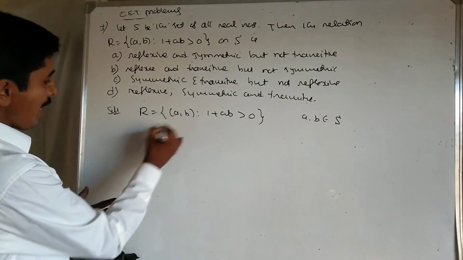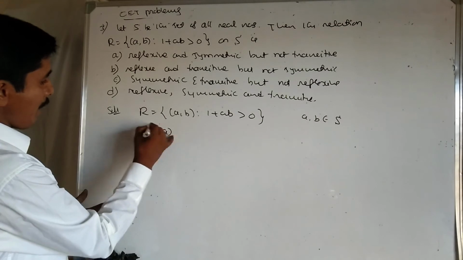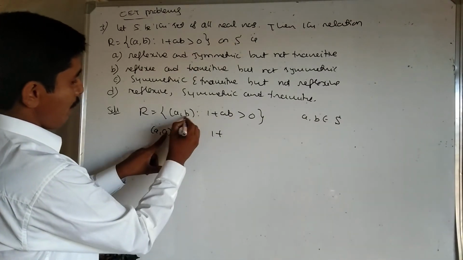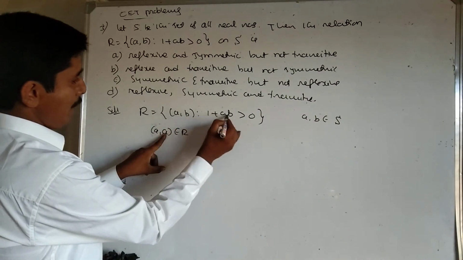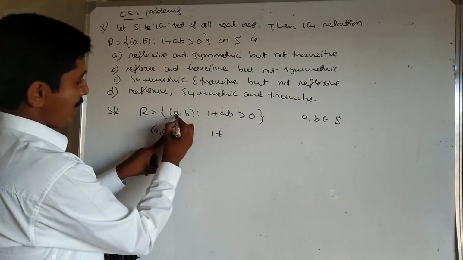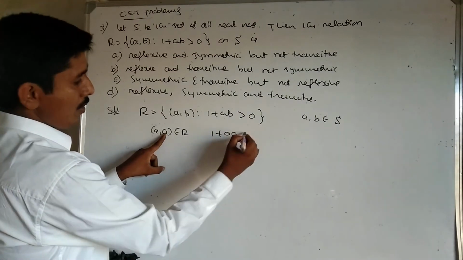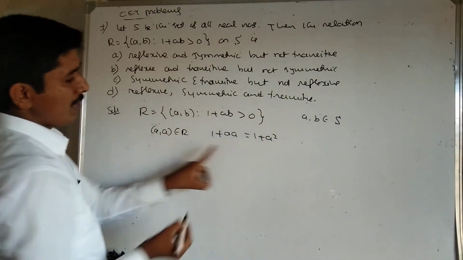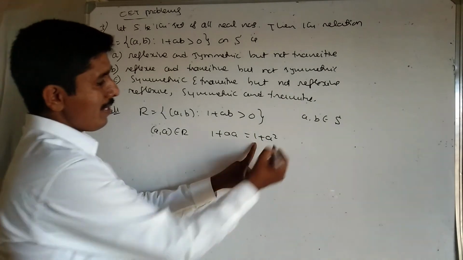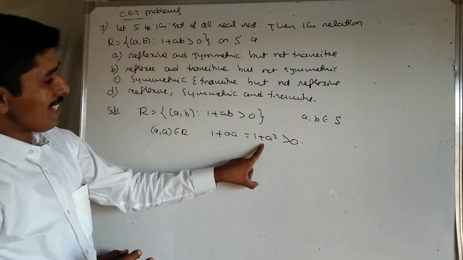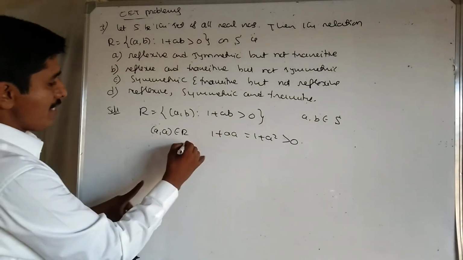Reflexive means (A, A). Suppose (A, A) belongs to R, means B equal to A, so 1 plus A times A, 1 plus A square. A square is non-negative, so 1 plus A square is always greater than 0. So it satisfies this condition. Therefore, it is reflexive.